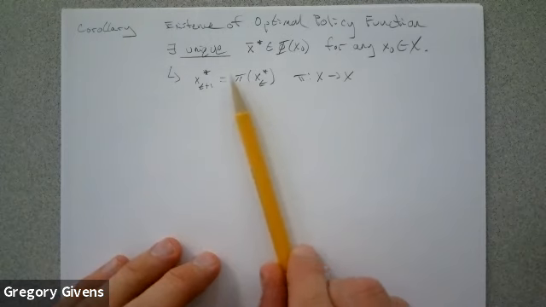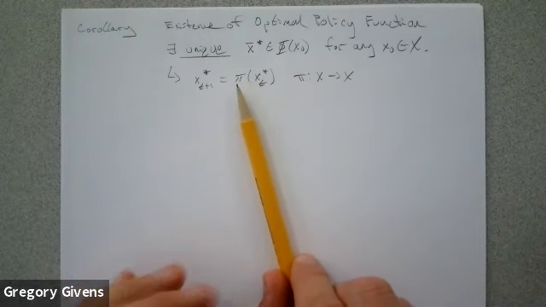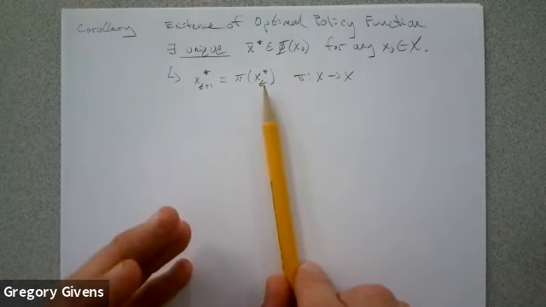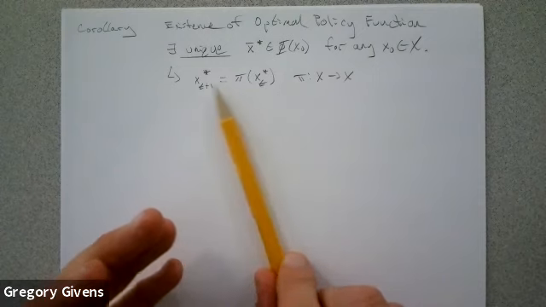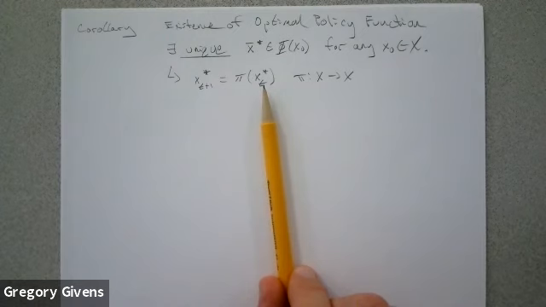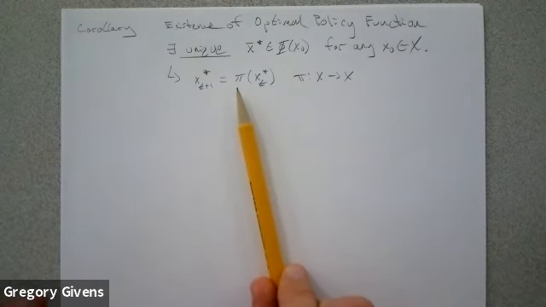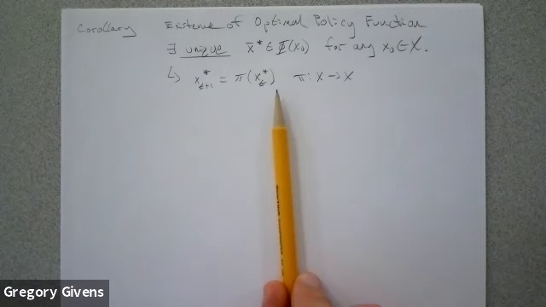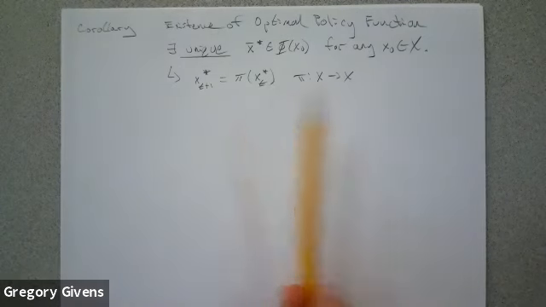For instance, what if the policy function were the square root function? Then this would say that x2 is just the square root of x1. Well, x100 is just the square root of x99, right? That mapping from x_t to x_{t+1} is the same for all t. That's what we mean by time invariant policy function.